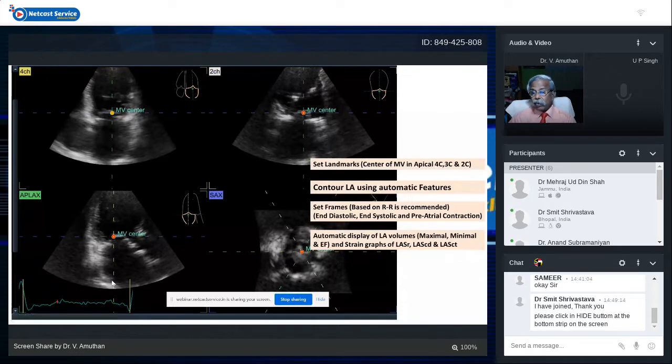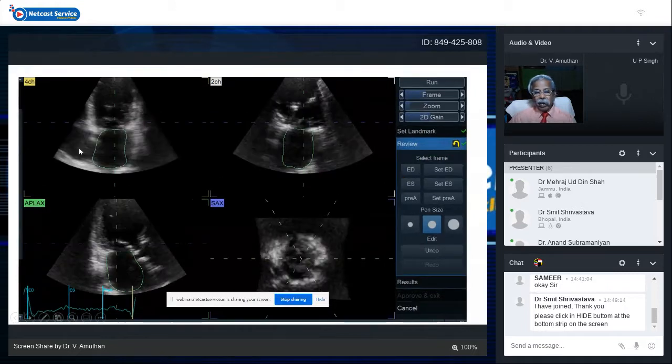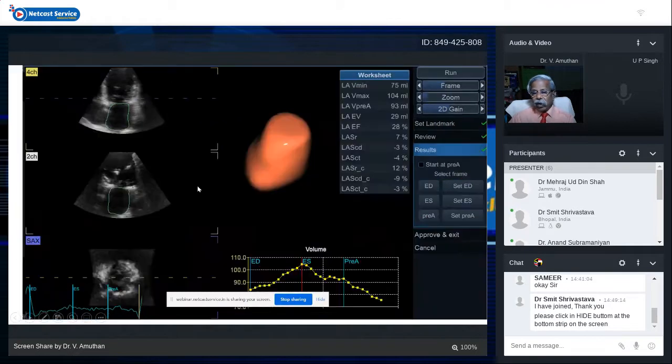So all these 3 have to be marked. You can see here: set the end diastole, set end systole, and set the atrial contraction. All these things have to be done, and you can correct these volume slices which are placed there, and you have the 3D volume data which is immediately available.